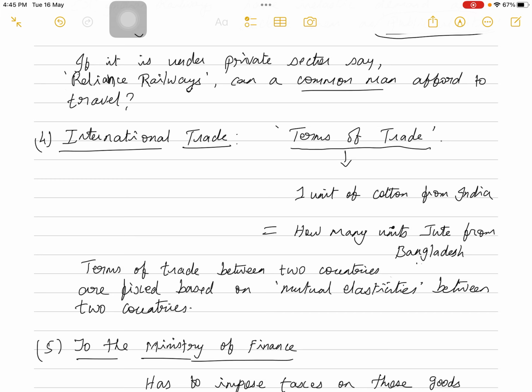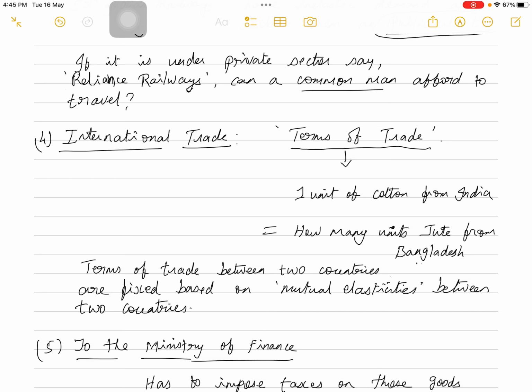To put it very simply, if India is exporting 1 unit of cotton to Bangladesh, how many units of jute can be imported from Bangladesh? That is, 1 unit of domestic commodity is equal to how many units of foreign commodity. That is what is called the terms of trade.